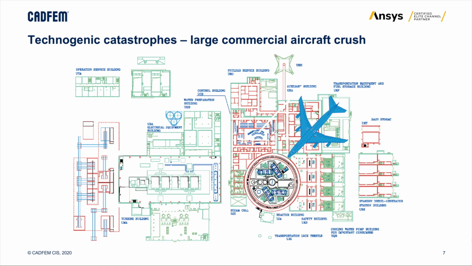But nowadays, we can find a new type of technogenic, man-made catastrophe: the impact of a large commercial aircraft into the building. On the slide you can see that a modern large commercial aircraft is big, even in comparison to an NPP containment.